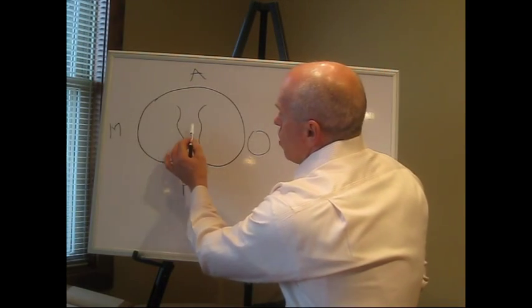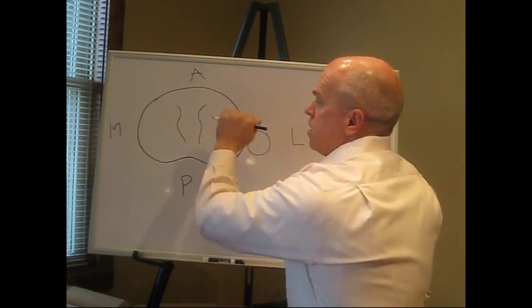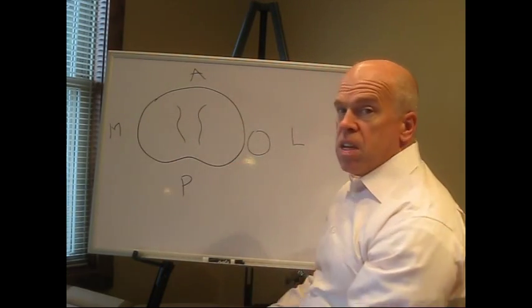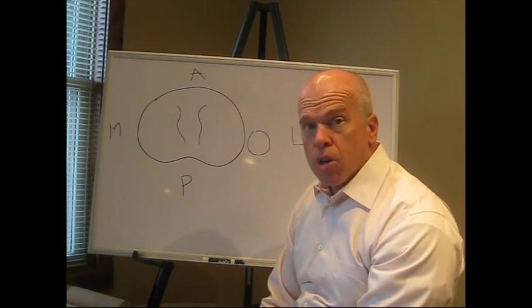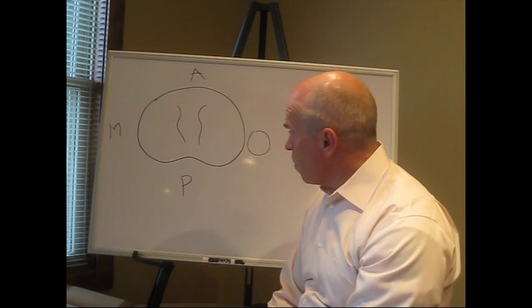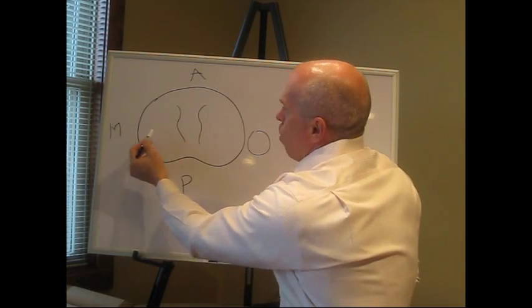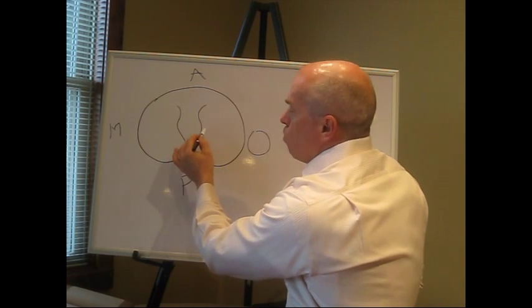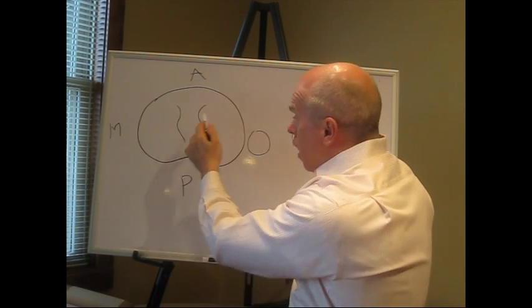And so these intercondylar eminences prevent medial and lateral subluxation of the femur, because movement is restricted by these intercondylar eminences. Quite interesting.